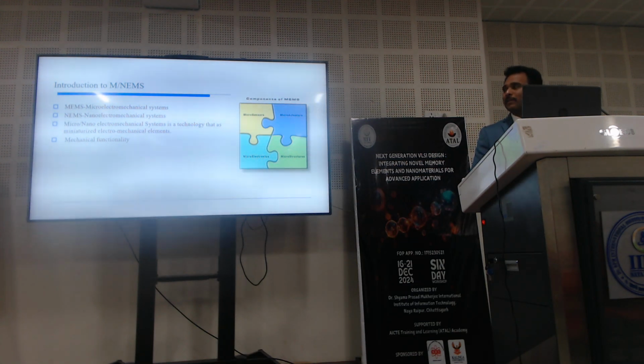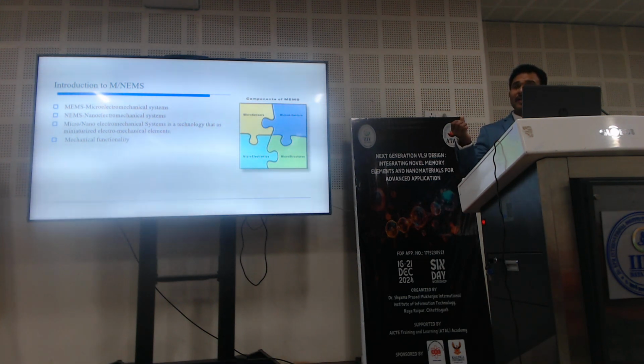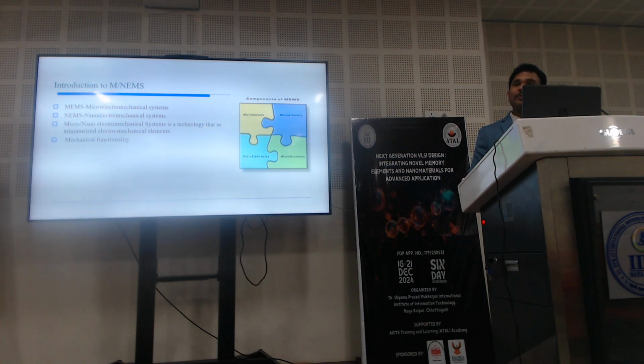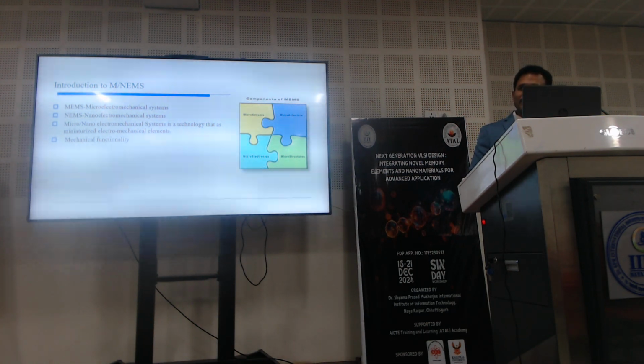All these together we call MEMS. In MEMS, any mechanical structure or functionality, mainly force or any bio things, we can convert into electrical form. That is the main function of MEMS.